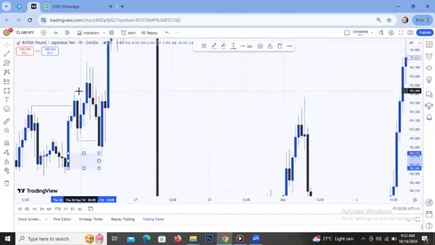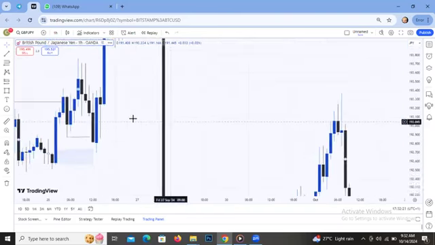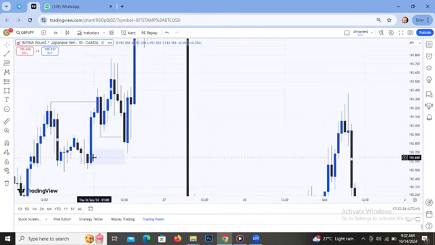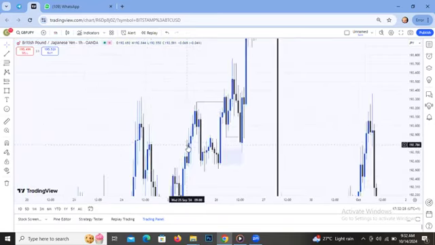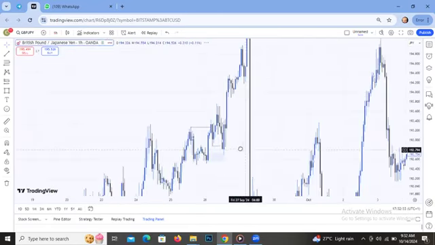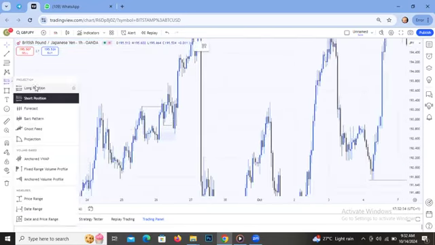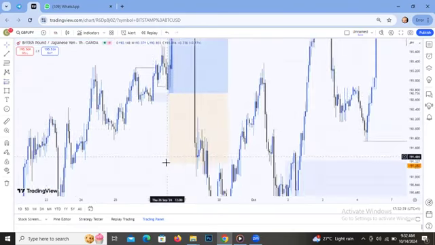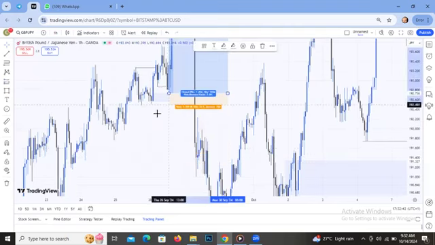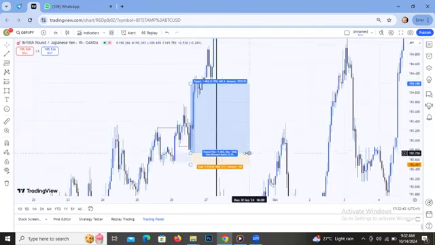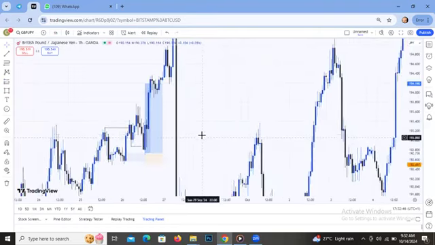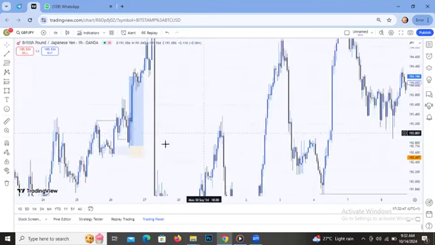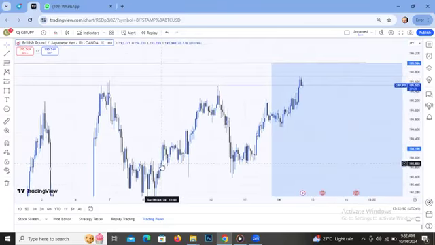And that pullback broke another structure to the upside, then creating liquidity for the other block here. Have you seen it? So this is what I'm trying to explain. Hope you guys heard me. Yes, boss. Okay, good. So this is the second example for that trade I'm trying to show you.